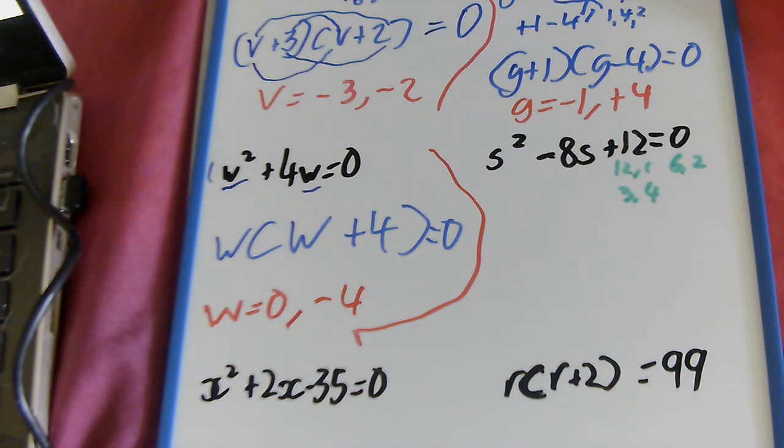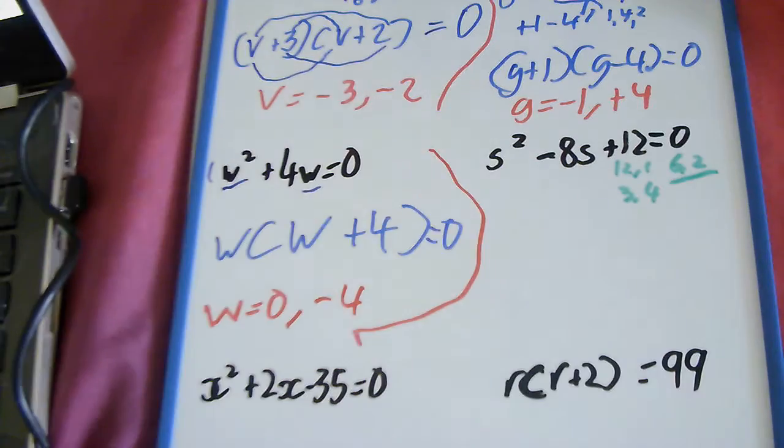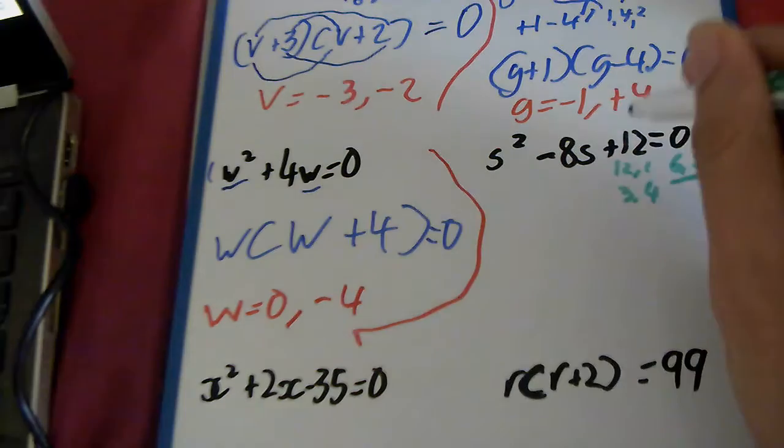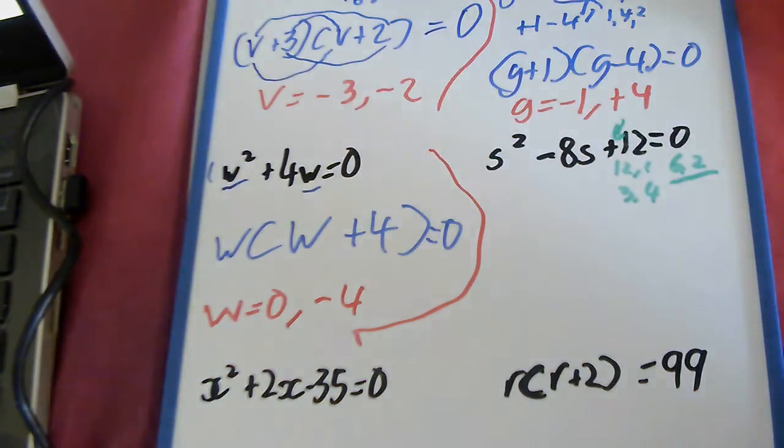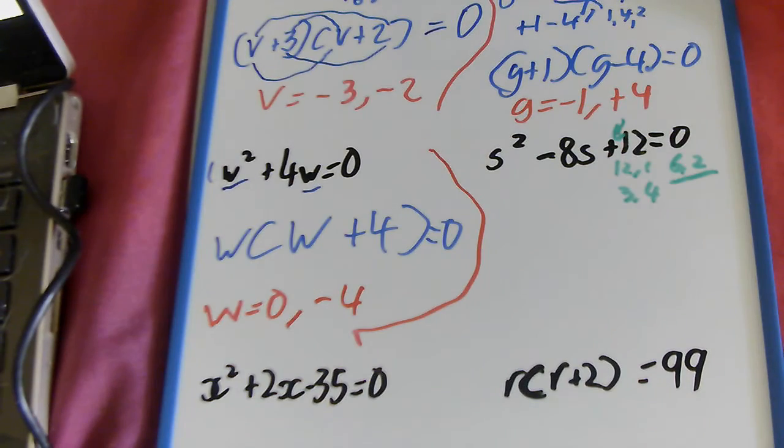And how can we get to minus 8? Well, see those ones? Minus 6, minus 2, that gets us to 8. And it's a positive number there, which is what we need, because a minus times a minus, minus 6 times minus 2, we'll end up getting the positive that we need.